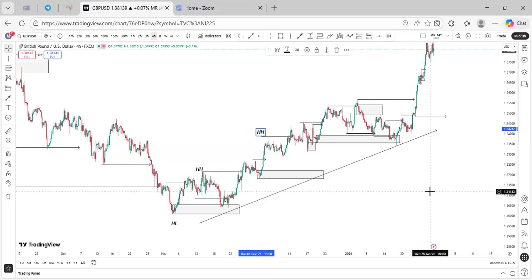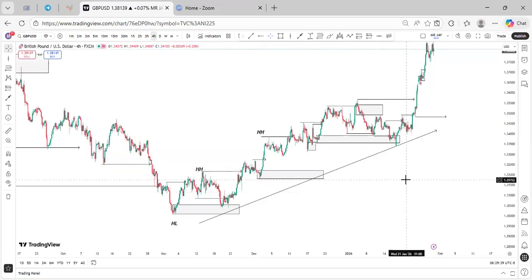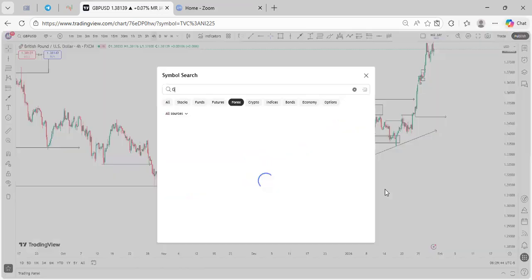So it's very, very important to understand these things. This is just me explaining the basic concepts of market structure, what everyone should know, right? Let's look for some other trade.